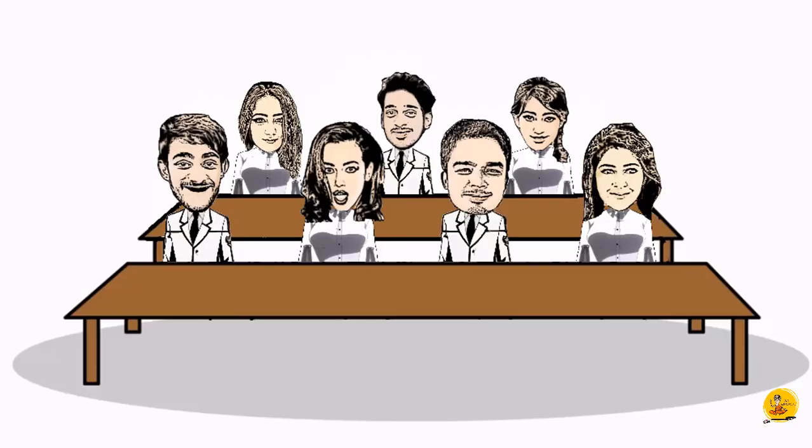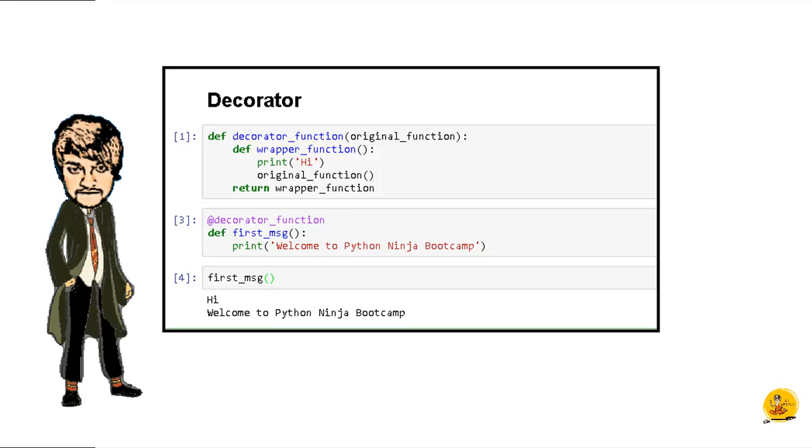Mayank sir, could you please elaborate the decorators example one more time? Okay Tamta, let's understand what's happening here. When we execute this shell, it passes first message function as a parameter to the decorator function. Now the original function variable becomes equal to first message function.